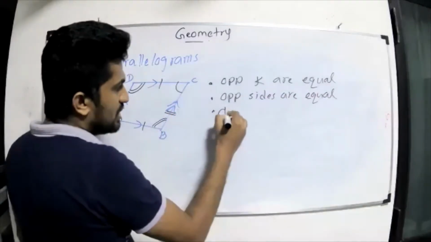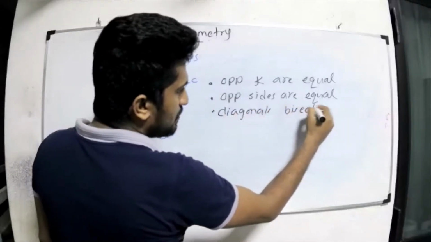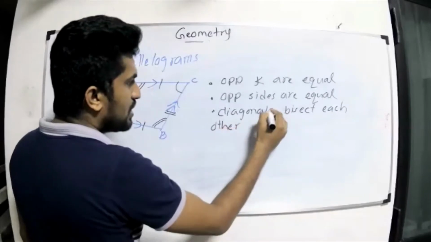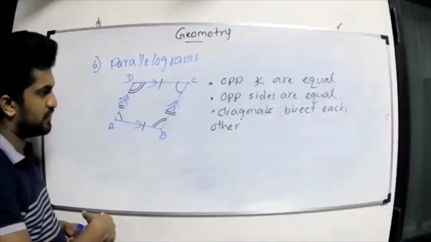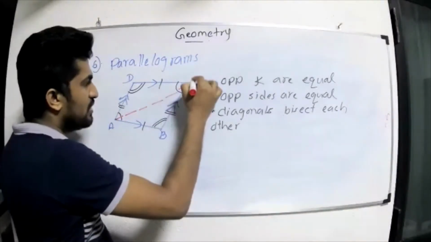Next one, diagonals bisect each other. Diagonals means what? The line which joins vertices of the figure.